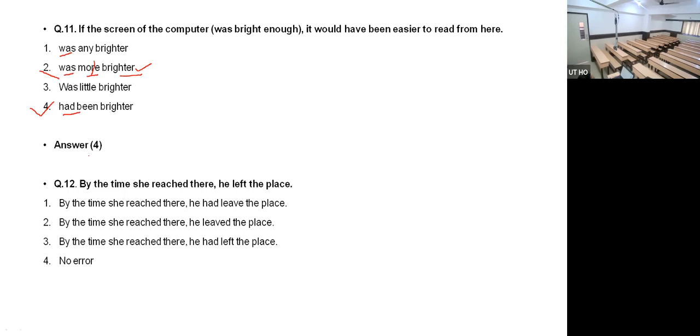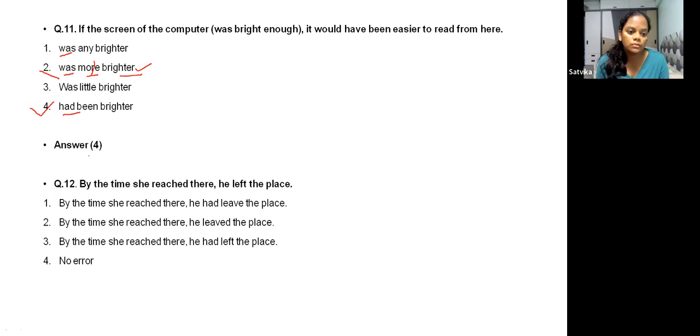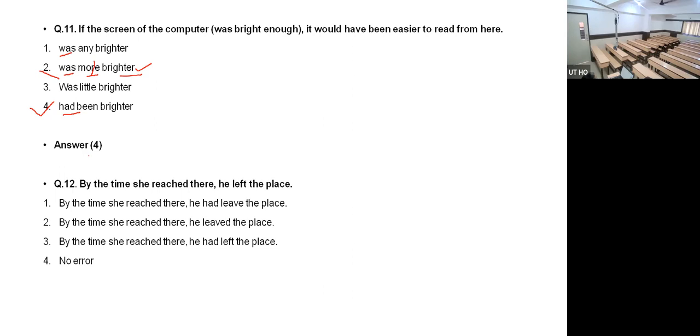So let's look at number 12. Third option, "by the time he had left, she reached the place." By the time she reached there, he had left the place. Now "he had left the place" is wrong.